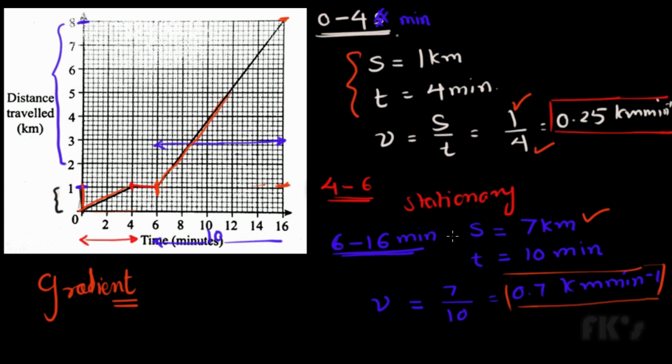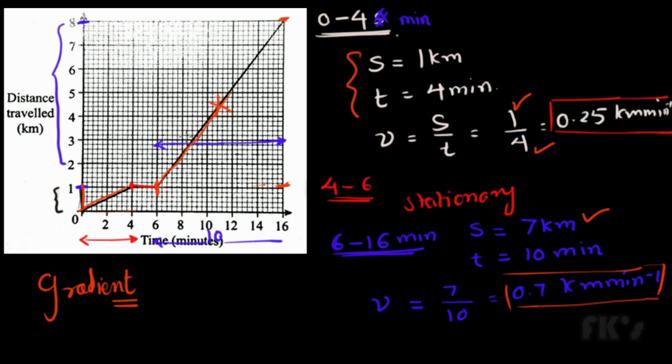If someone asks you, what is the speed over here at some particular point, let's say 10.4 seconds, what is the value of velocity? Well, since it's a straight line from here up to here, we're going to have a common gradient every time. Suppose I'm talking about this particular line.